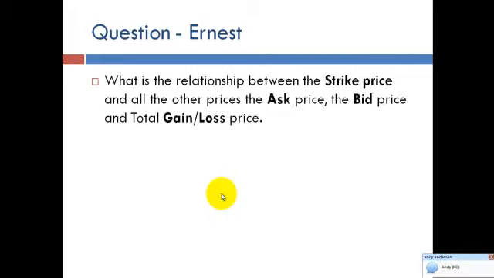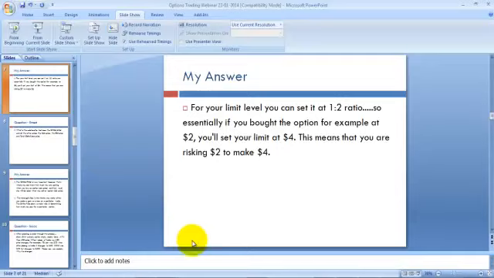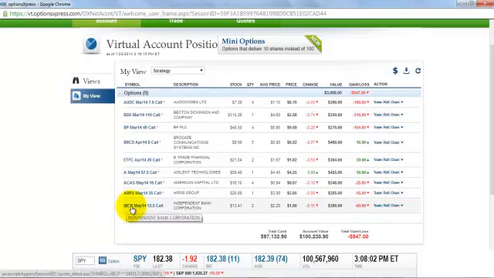Okay, so let me go back to the trading platform and take you through Colin's question. Okay, so Colin said, for example, he's placed a trade. Let me use IBCD. IBCD at the moment is down $60. Okay, he's placed a trade. Where does he put his stop limit?